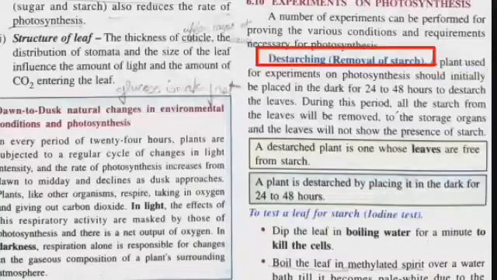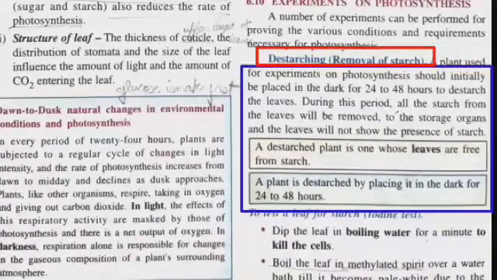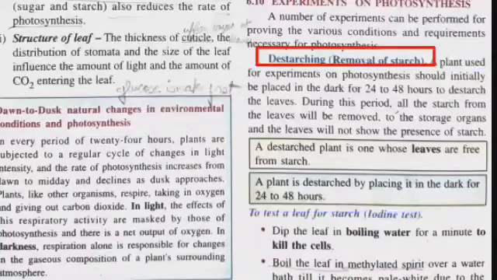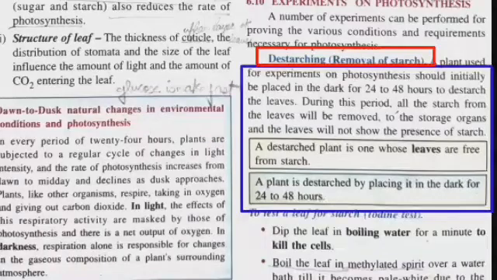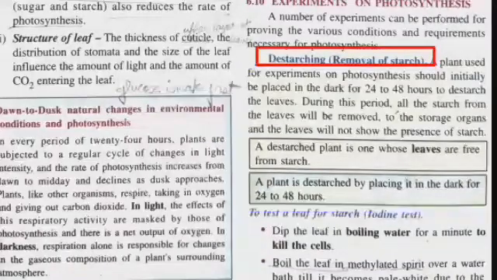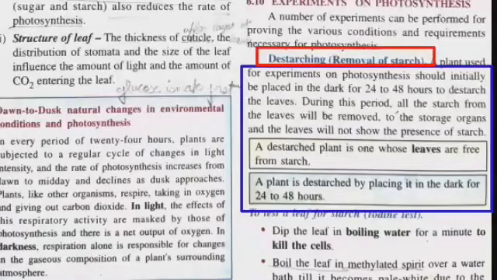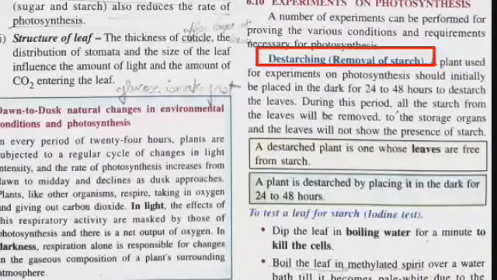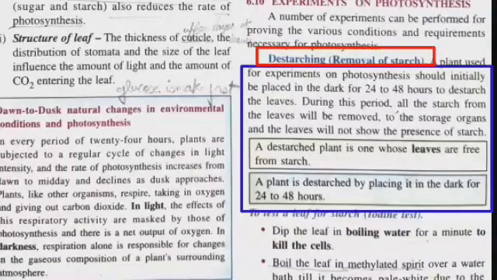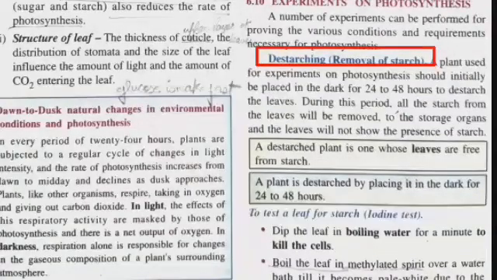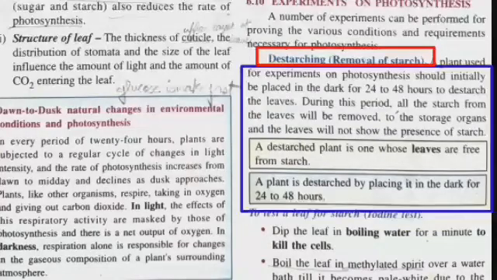Again, what happens then? The answer will be, whatever starch was stored or present in the leaves of the plant will be used up by the plant to survive, whereas the extra starch will be moved to the different storage organs from the leaves. Therefore, there won't be any starch in the leaves of the plant.